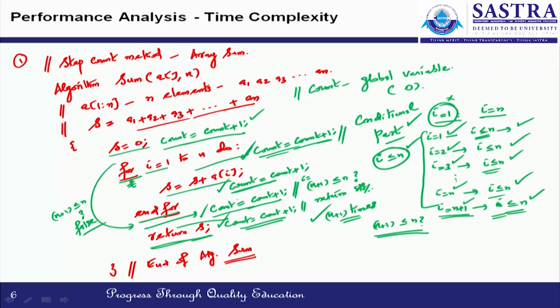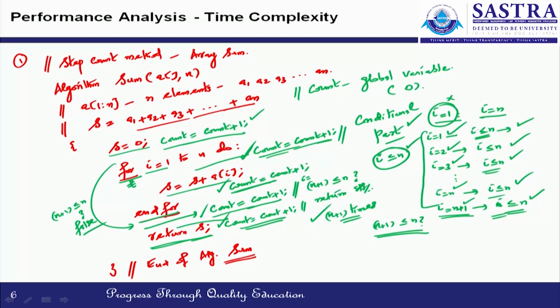That is important. Initially, count is equal to 0. Here count is equal to count plus 1 is executed, so count is incremented by 1.